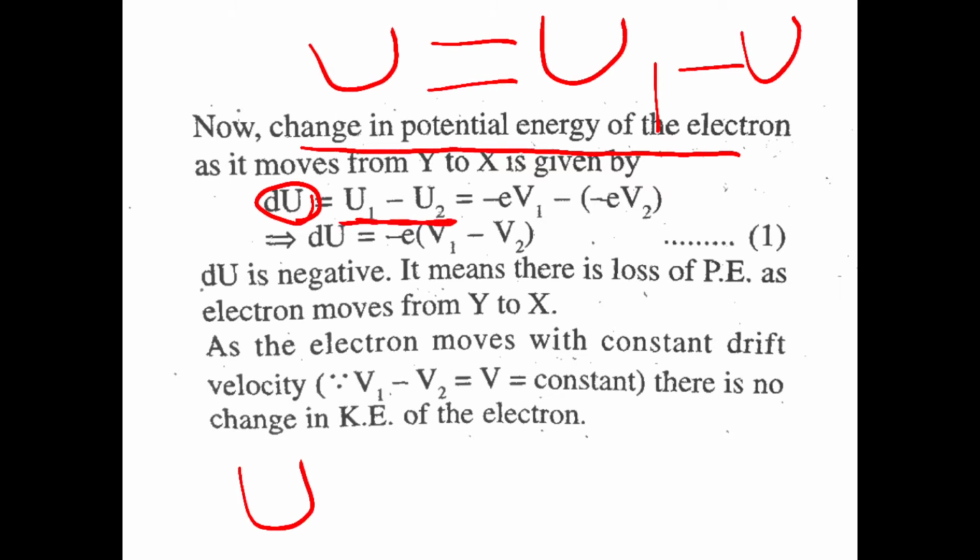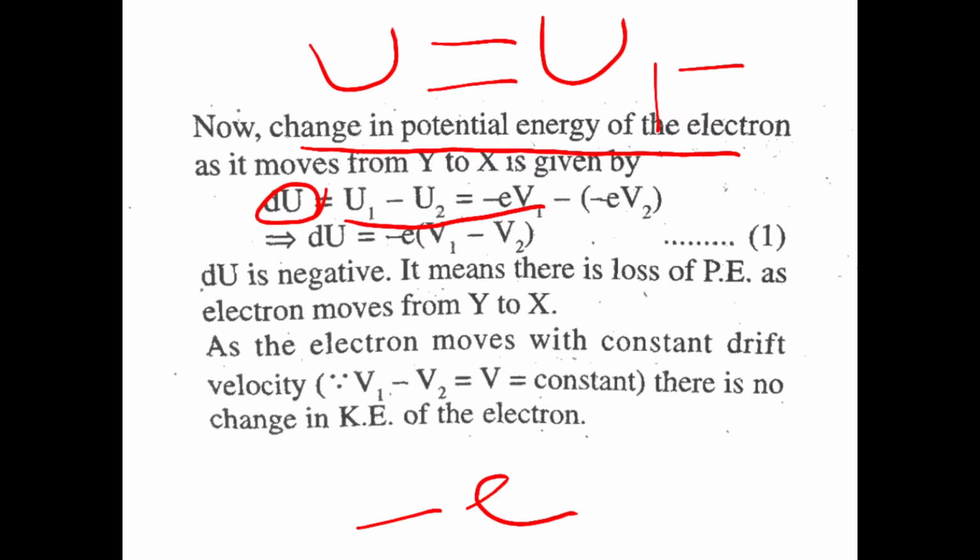At the end 1 the potential is V1 and charge is minus e, so U1 is minus e V1, minus of minus e V2.